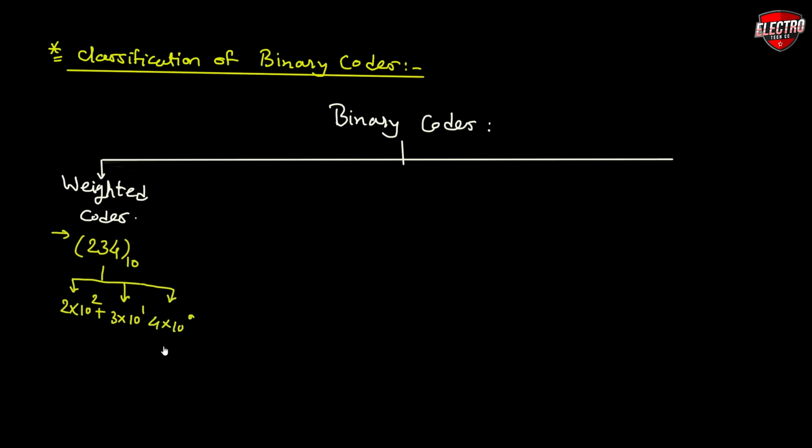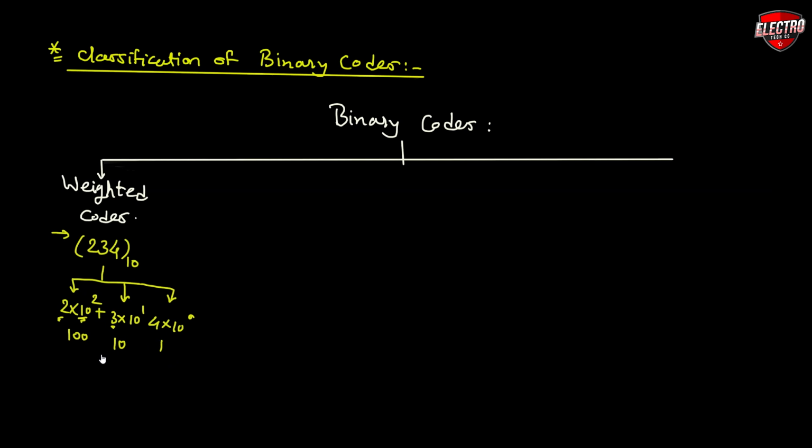That means the weight of 2 is 10 raised to 2, that is 100. The weight of 3 is 10 raised to 1, that is 10. And the weight of 4 is 10 raised to 0, and that is 1.